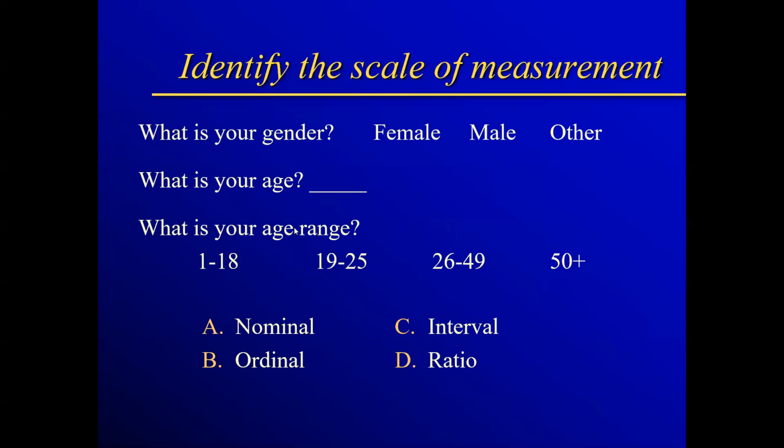It's ordinal. And here is why. If I'm a participant and I choose option A, 1 through 18, you don't actually know how old the participant is. So the difference between, let's say this was A, B, C, and D, those are your four options, the difference between A and B might not be the same as between C and D, because I could be 18 years old and someone could be 25.